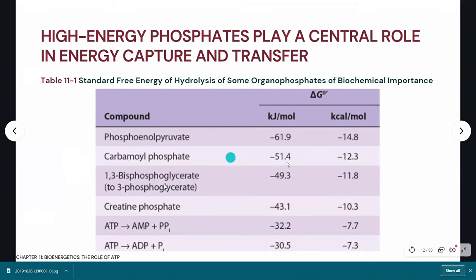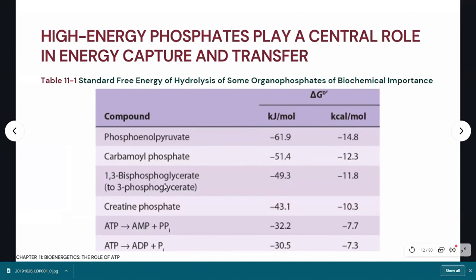Carbamyl phosphate has 12.3. 1,3 bisphosphoglycerate, you have 11.8. Creatine phosphate, 10.3. Okay, and so you have your ATP losing 2 phosphates, 7.7. ATP losing 1 phosphate, 7.3.